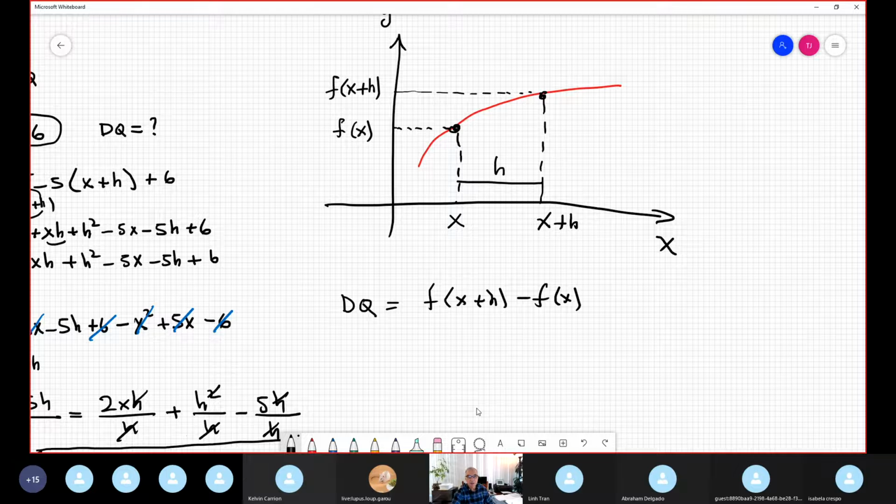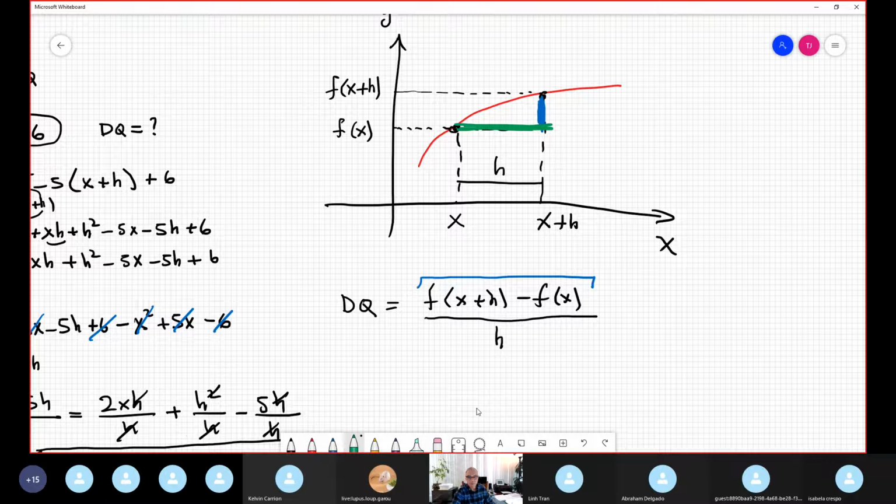By the way, that is a distance. Let me show you. The blue distance is this part, divided by h. And h is that distance.